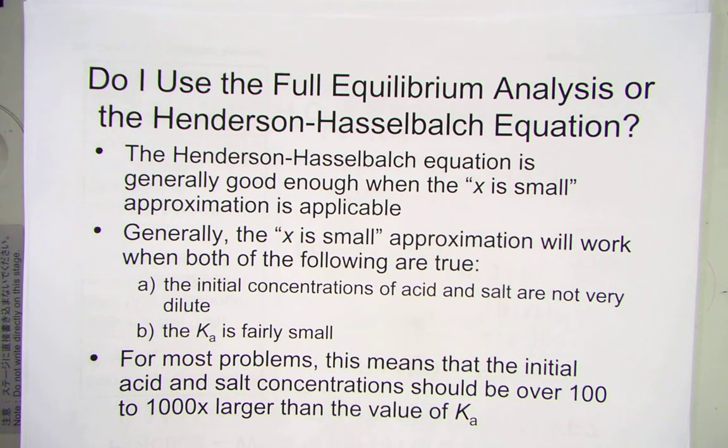The x is small approximation will work when both of the following are true. The initial concentrations of acid and its conjugate base are not very dilute, and the Ka is pretty small. So for most problems, this simply means the initial acid and its salt should be over 100, even better would be over 1,000 times larger than the value of Ka. 90% of the time they are.